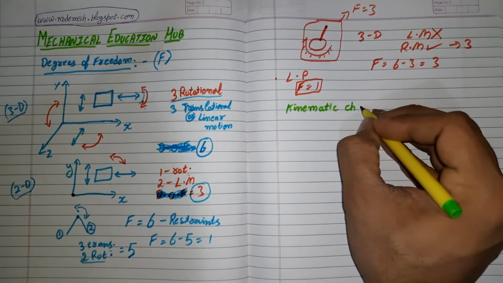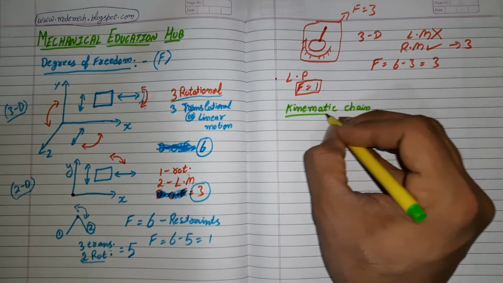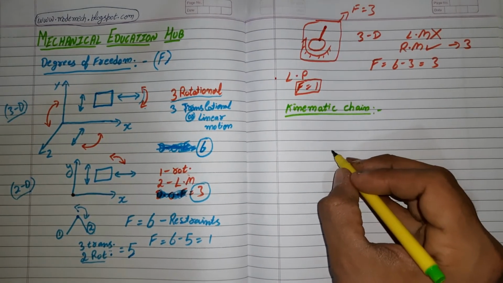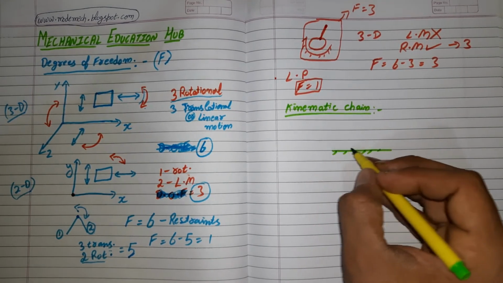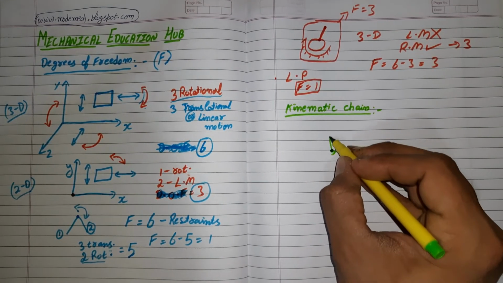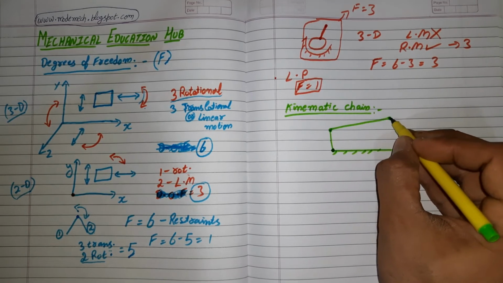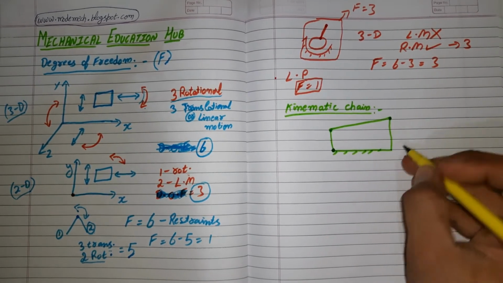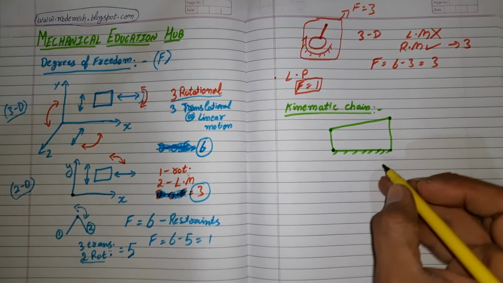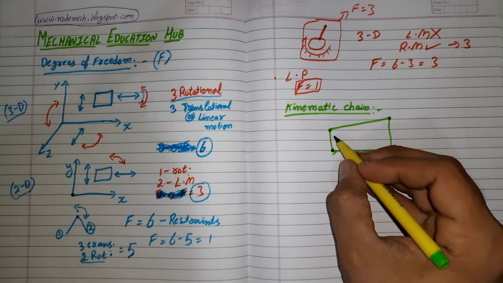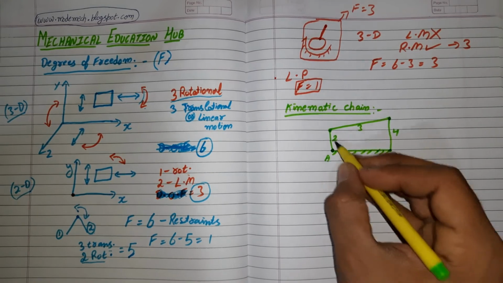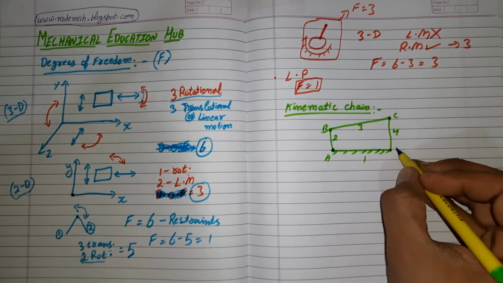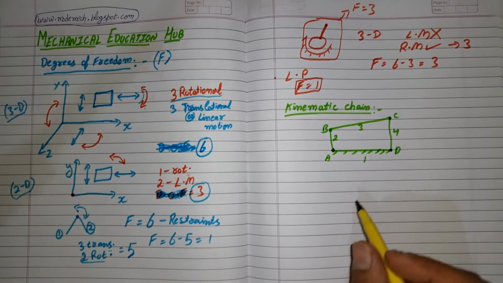We'll understand this with examples. This is a fixed link, link 1, link 2, link 3, link 4. A, B, C and D are 4 turning pairs of this mechanism.